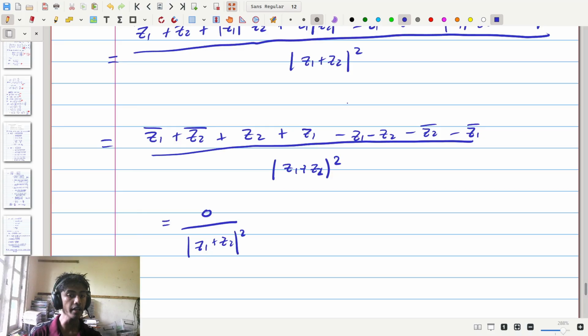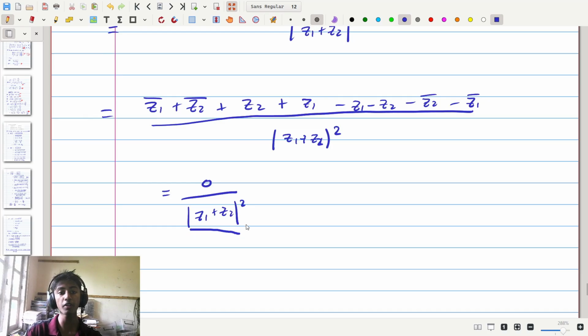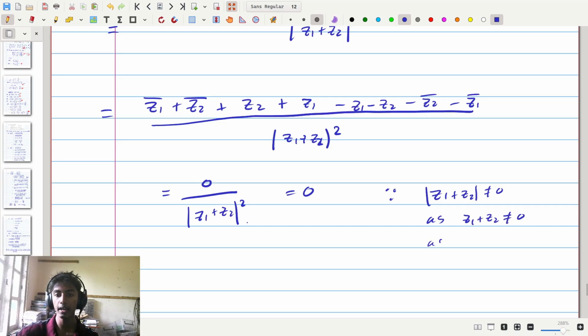Now the only way in which this will be a problem is if modulus Z1 plus Z2 squared is equal to 0. But that is not the case, because Z1 plus Z2 modulus is not equal to 0, as Z1 was given to be not equal to negative Z2. So because of this we can conclude that our final answer here is equal to 0.